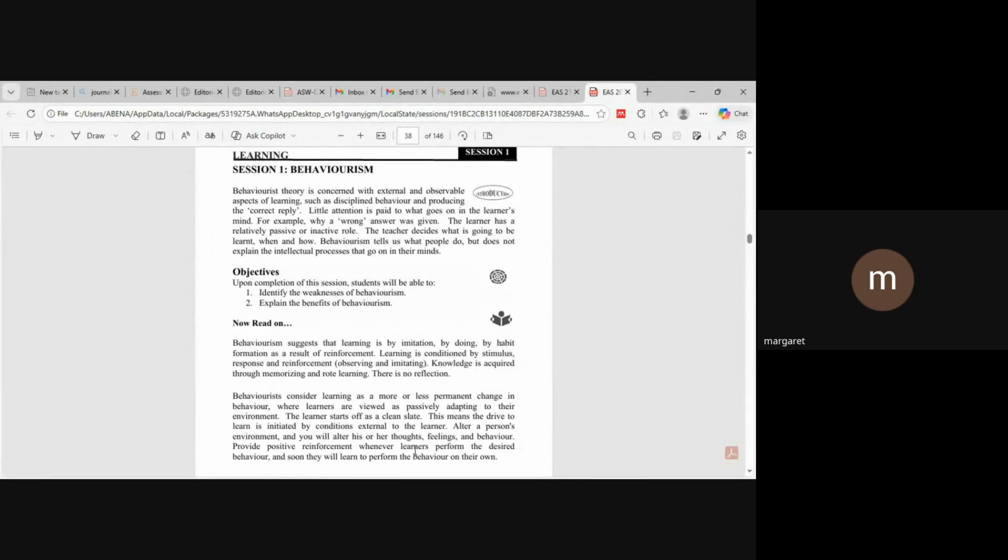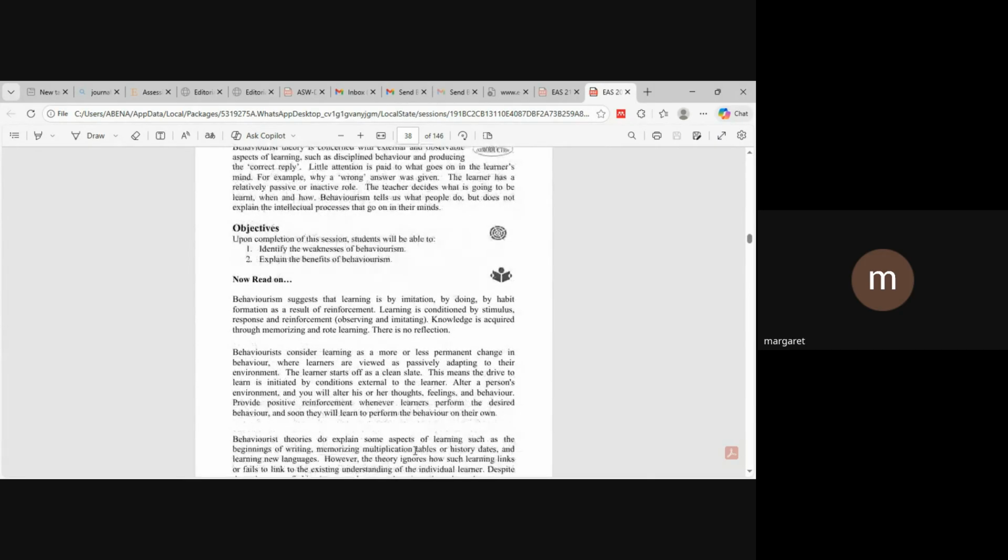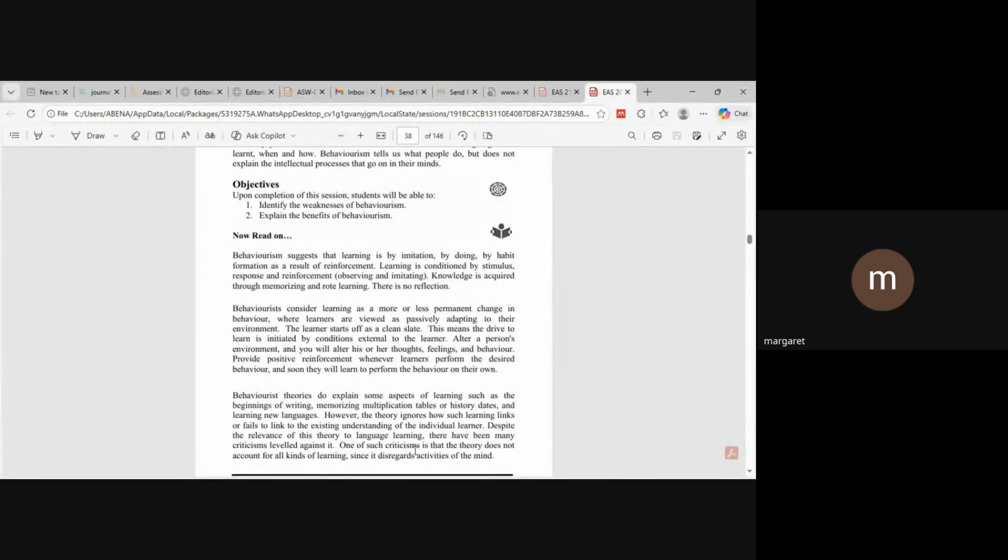Good. Right. So with this theory, you can see that the teacher, or the environment, plays a very significant role in the child's language learning, because it is from the environment that the learner is said to receive the input. It is from the teacher or the environment.